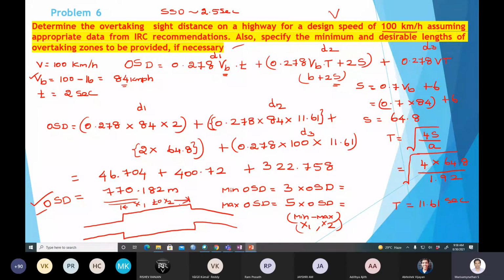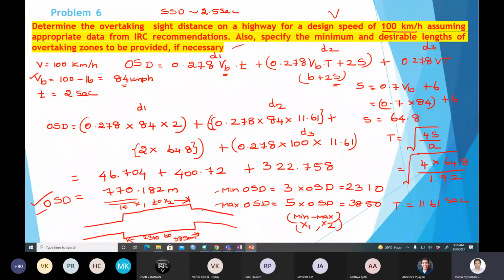If they ask you to design the overtaking zone, at the end you have to estimate the minimum OST and maximum OST. For example, 770 into 3 gives 2310, and 770 into 5 gives 3850. So this overtaking zone is designed as 2310 to 3850 meters.